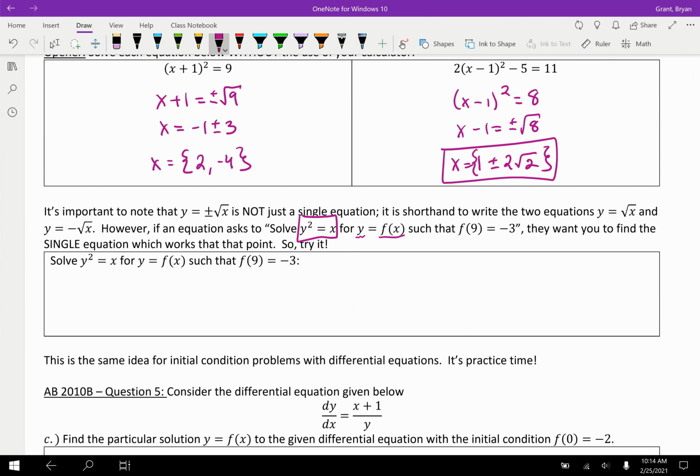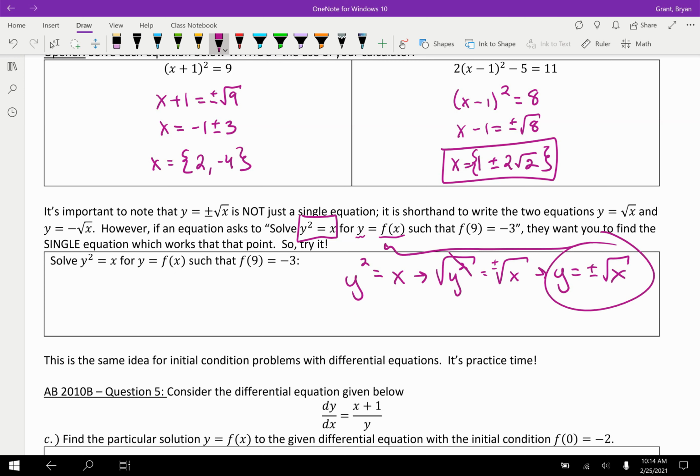So if we had y squared equals x, we would isolate y by introducing a square root on both sides. We have learned though that when we introduce a square root, we need to include a plus minus, and it gives us this. This, though, is not in the form of y equals f of x.